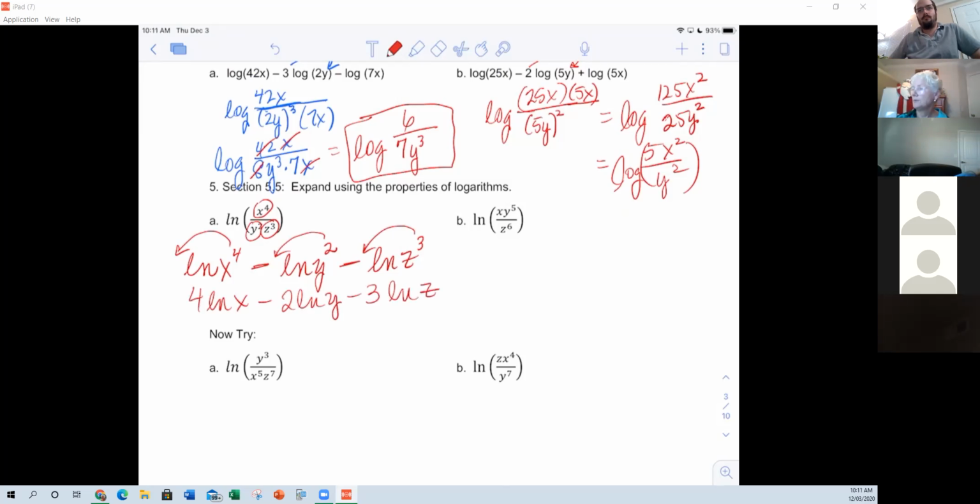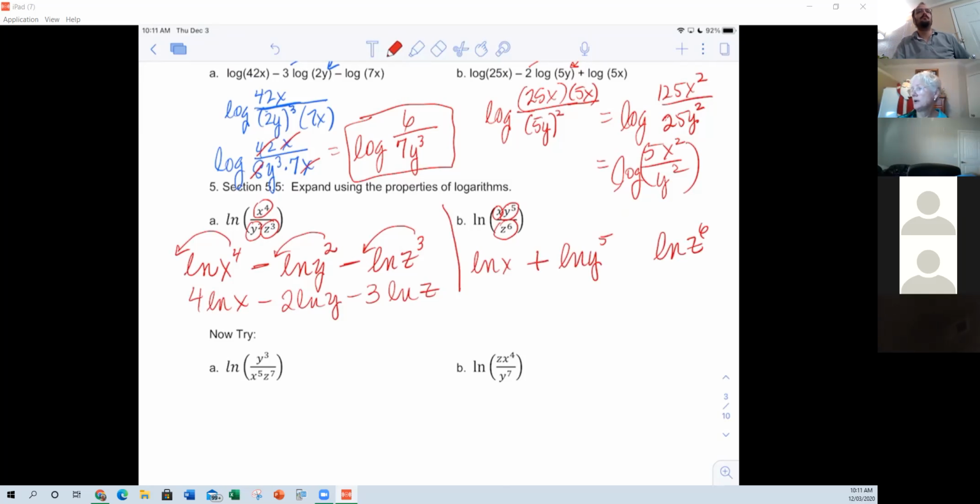Okay, so on this one, again, every variable gets its own ln. Then if it started in the numerator, it's positive.